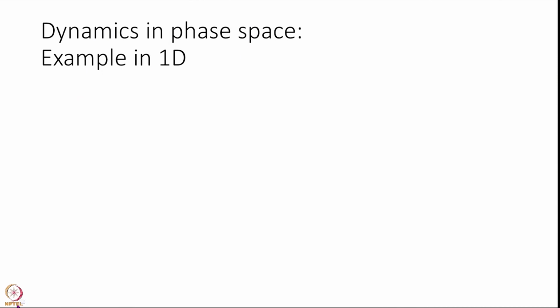So, let me provide you an example in 1D just to understand this a little better. In 1D, let us say I have only x1 and p1, just so that I am able to draw some figures. I do not know how to draw a 6n dimensional figure, nobody can really draw it on a piece of paper.